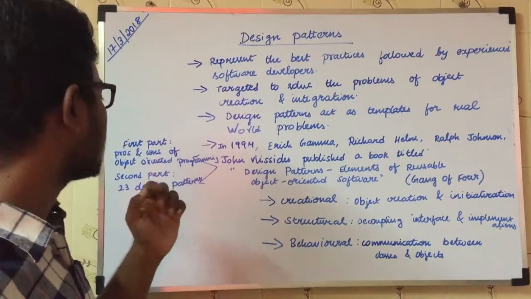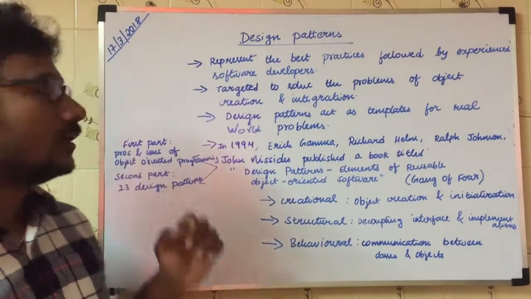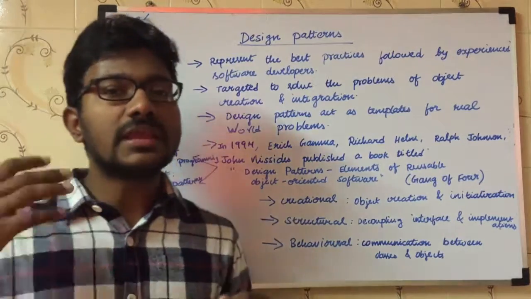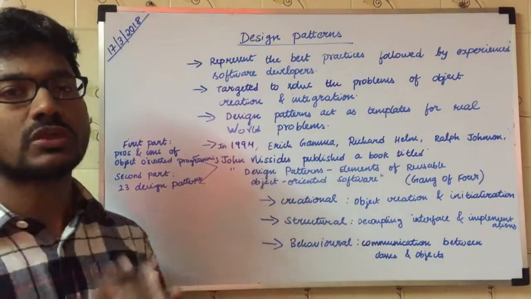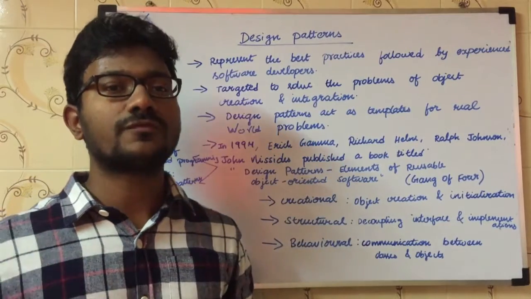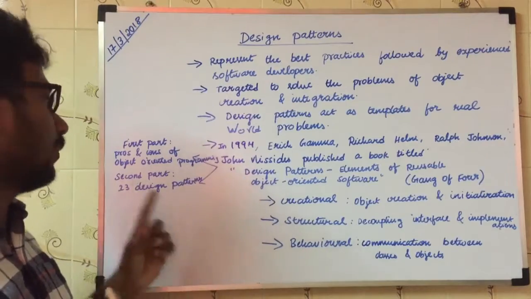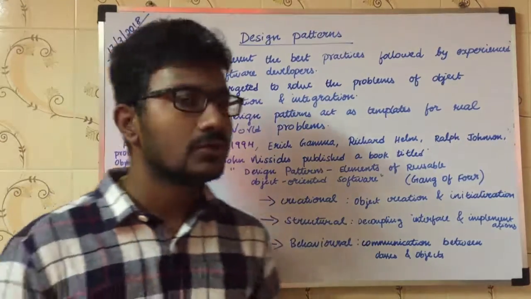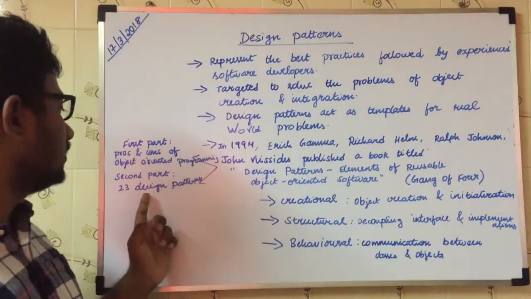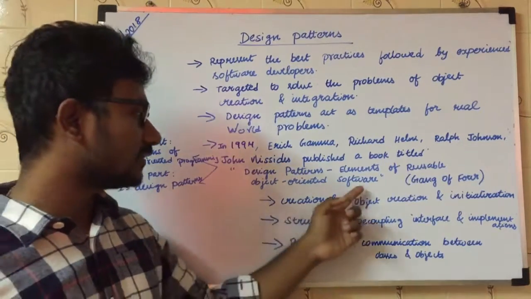The first part was covered by many books, but the second part is unique. At that time, these four people stood out from the others because of the second part, the 23 design patterns. These 23 design patterns fall under three categories: creational, structural, and behavioral design patterns.